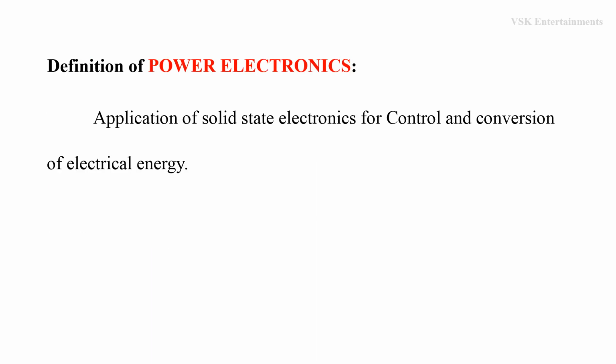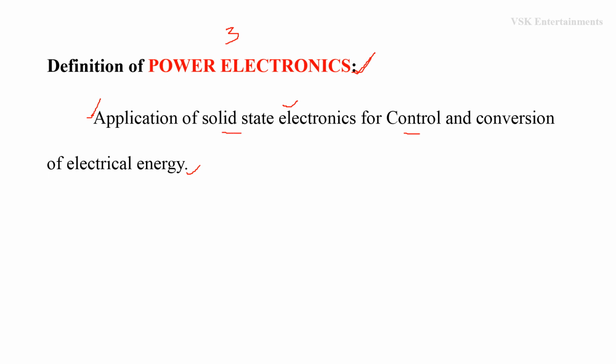By using the above analysis, we are going to frame the definition for power electronics. Power electronics is defined as the application of solid state electronics for control and conversion of electrical energy. We already discussed that power electronics is the combination of three types of engineering.